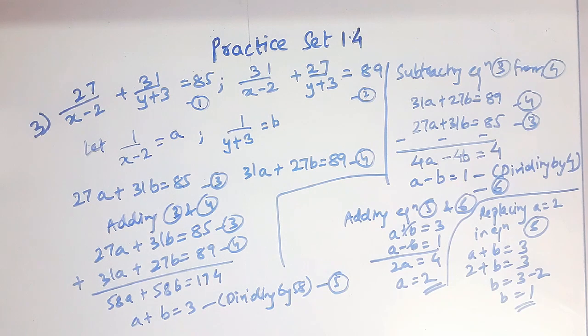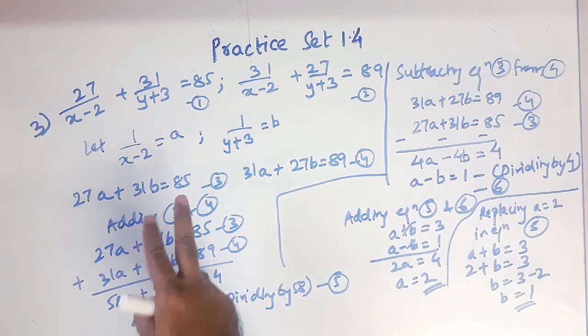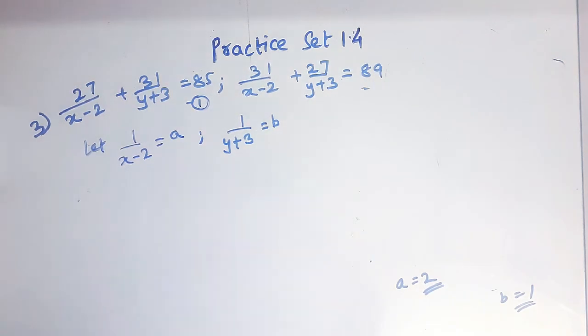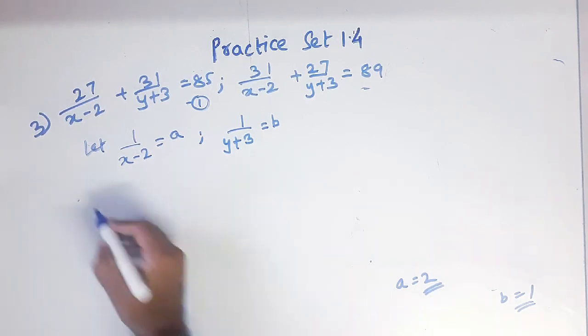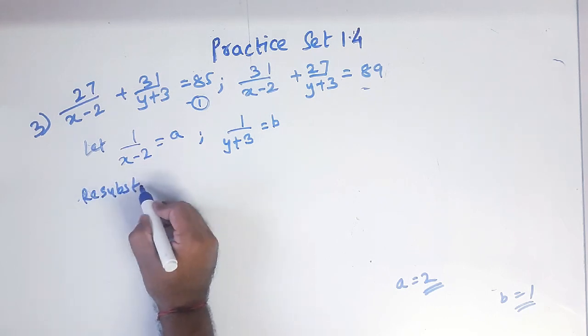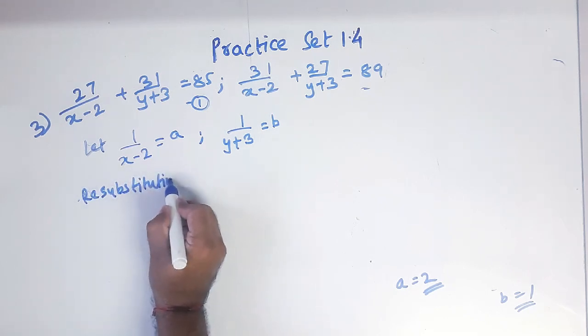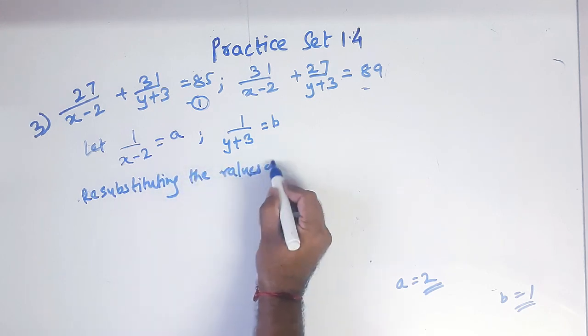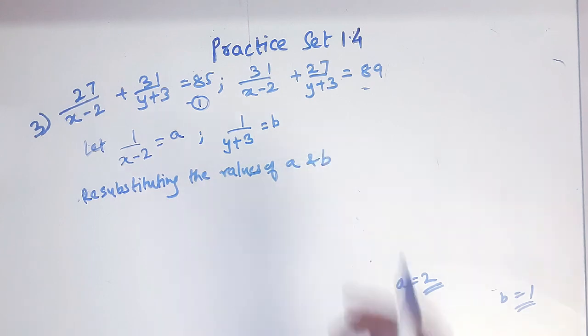Okay, so let us now start with finding for x and y. The very important term I told you, children, that is resubstituting. Okay, let us begin with resubstituting. So I have not cleaned up the value of a and b. Now I'll write resubstituting the values of a and b.